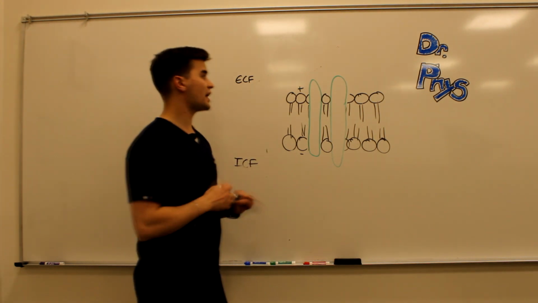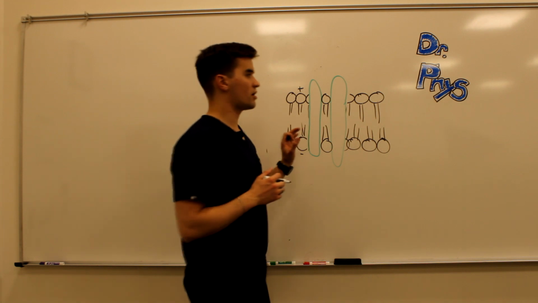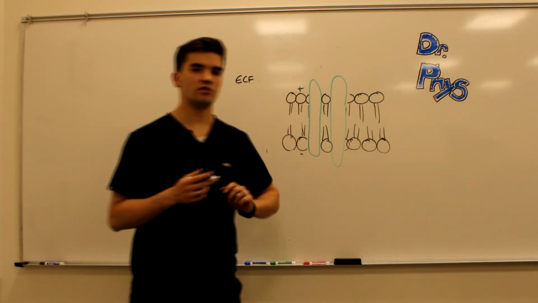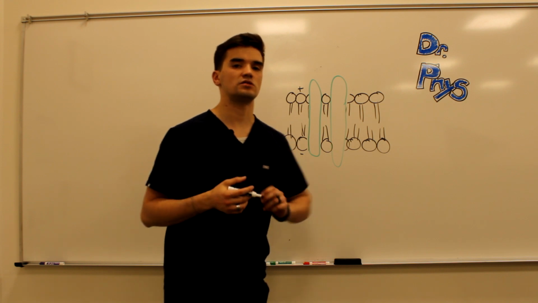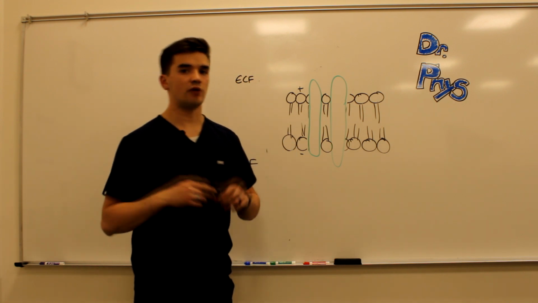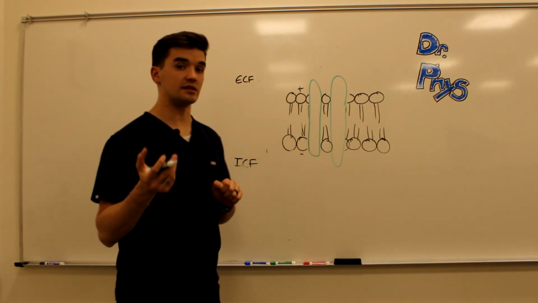Alrighty. So the last bit of information that we need to cover is our secondary active transport. This doesn't technically involve ATP, but it indirectly uses the electrical gradient that's set up by the sodium-potassium pump to act. We have two different types of secondary active transporters that we need to know of.